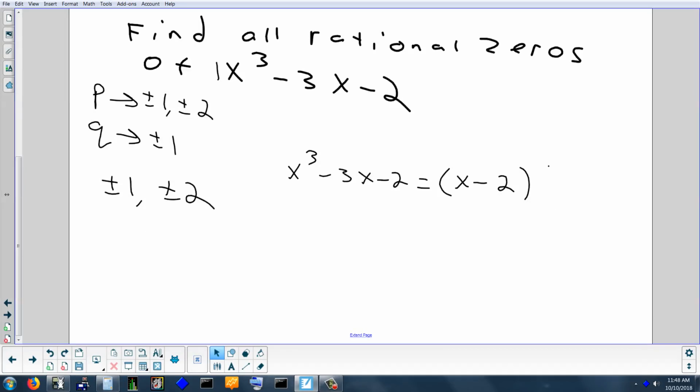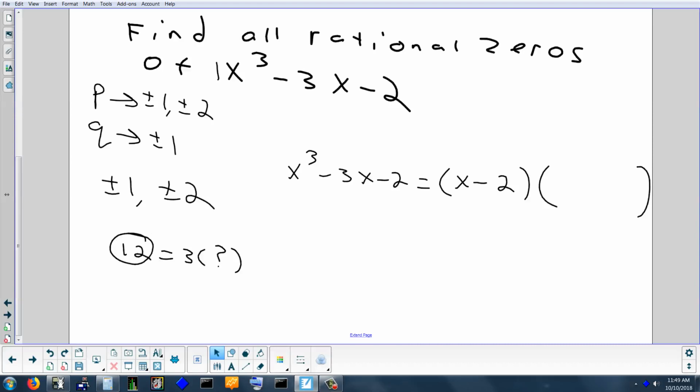Well, how do you get the other factor? Think about if I said to you, I've got the number 12, and I'm telling you 3 is a factor. How do you get the other one? I mean, we know it's 4, but how would you get it if you didn't know it? You divide.